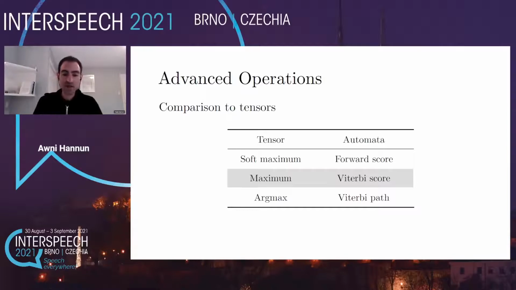The Viterbi score is actually like a maximum, and the Viterbi path is like an argmax. It's like the index of the maximum scoring item in the tensor, but in this case, it's the path in the graph. So you can keep this table in mind when thinking about these operations, and it should be easy to figure out which one is which.